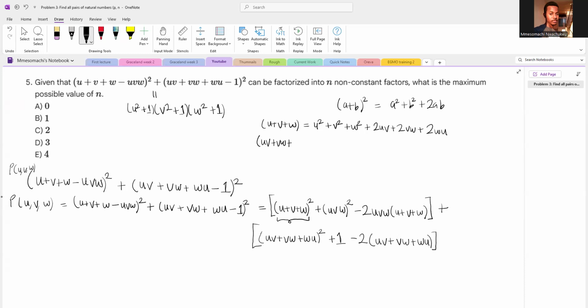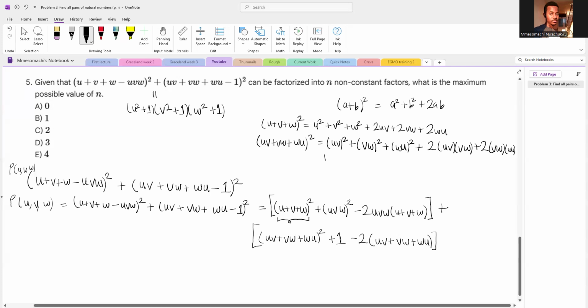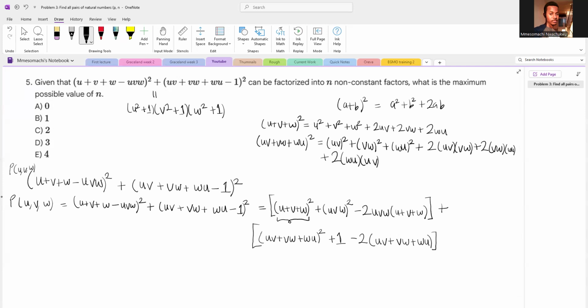So (uv + vw + wu)² is going to be equal to (uv)² + (vw)² + (wu)² plus 2(uv)(vw) plus 2(vw)(wu) plus 2(wu)(uv).